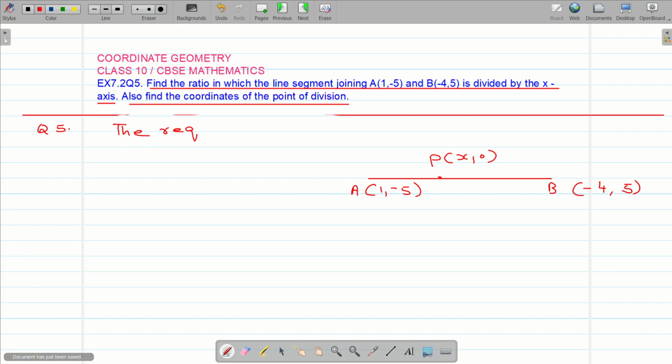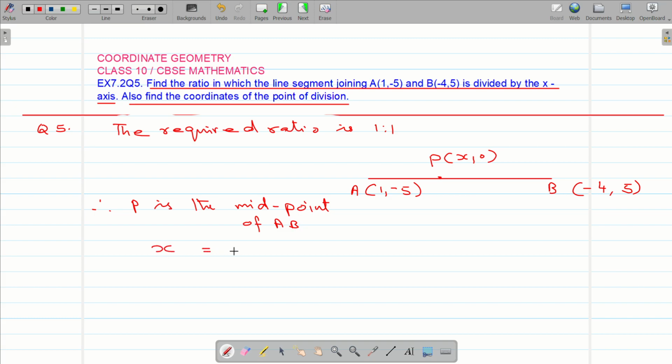The required ratio is 1 is to 1. If it is divided in the ratio 1 is to 1, that means it is the midpoint. Therefore, P is the midpoint of AB.